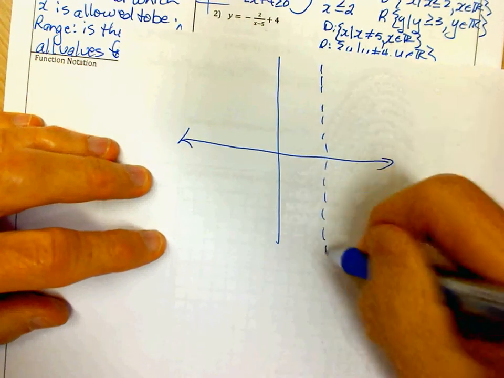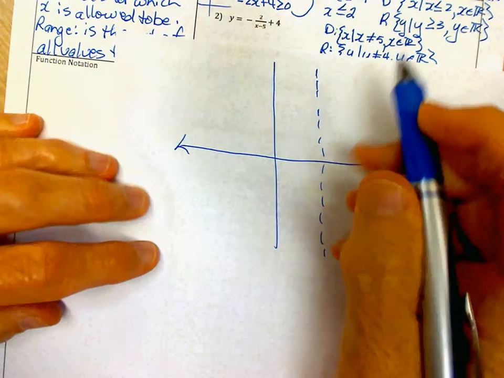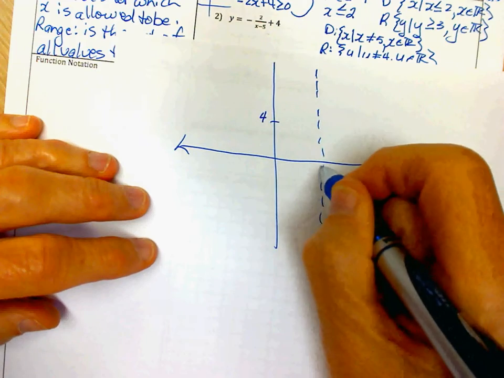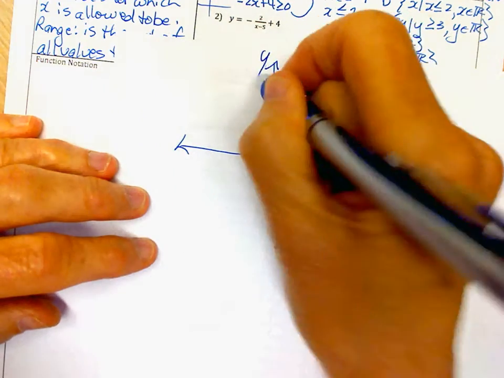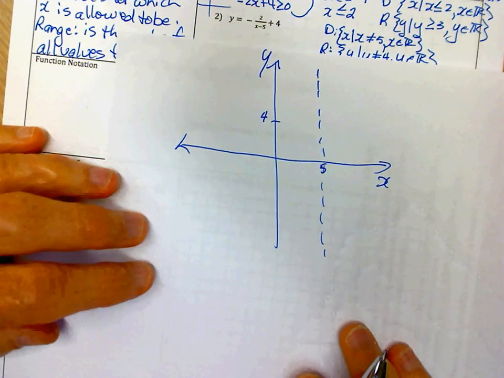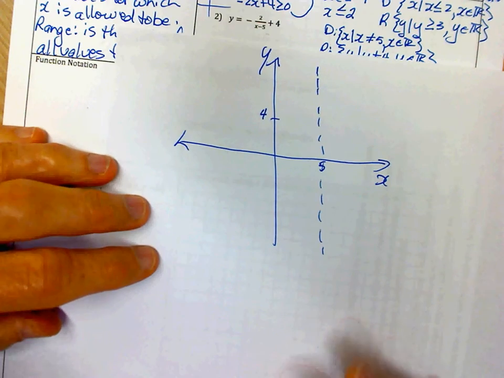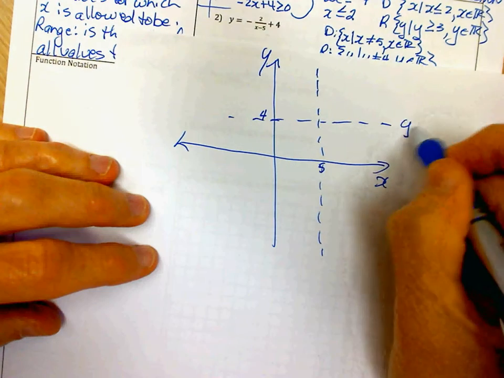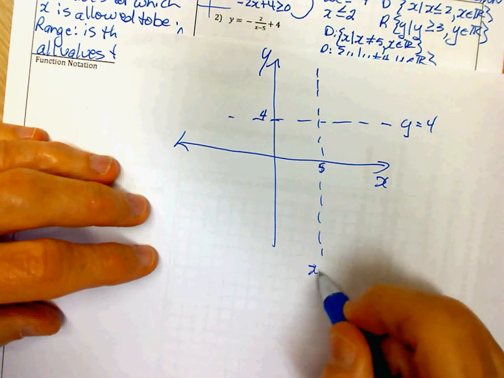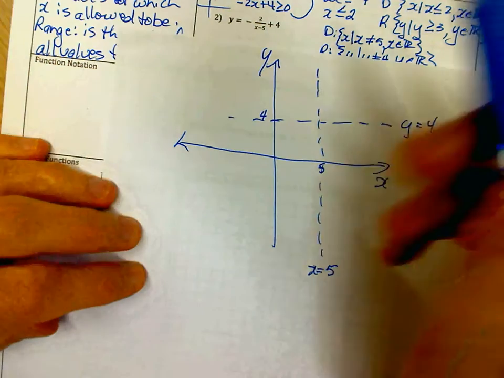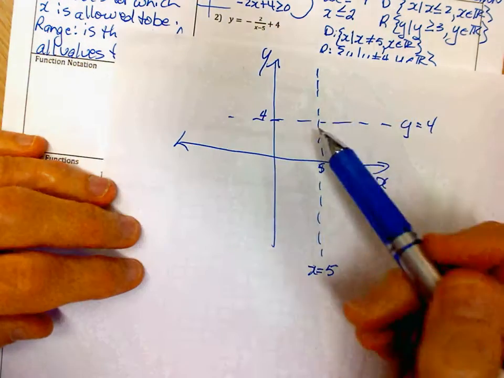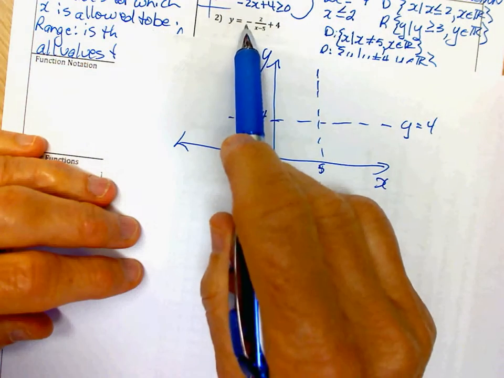At y equals 4, here's 4, this is y, this is x, just to show you what this graph would look like. Here we have an asymptote at y equals 4, and an asymptote at x equals 5. Now the reciprocal function is being reflected vertically, so it's going to look like this.